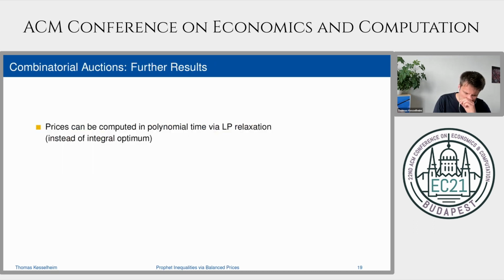Now, something that might make you nervous is that to define your price, you had to actually know the optimal social welfare optimizing allocation, which is NP-hard to compute. But fortunately, you can even do without this. You can use the LP relaxation of the problem instead of the integral optimum, and you can still do the entire argument. And then you can also compute these prices in polynomial time.